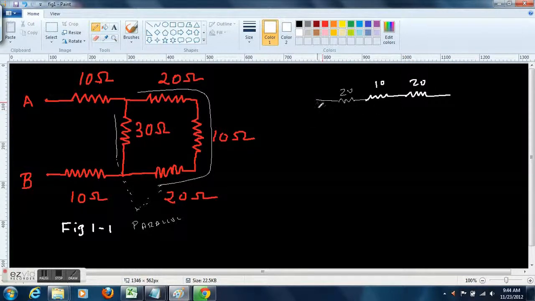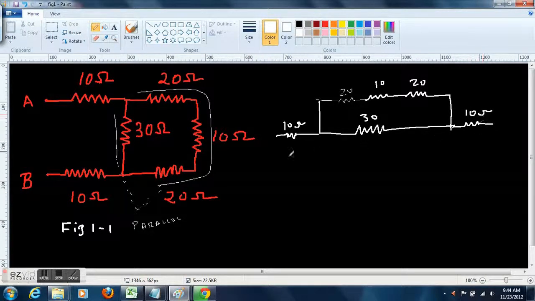Then the 30 ohm resistance below. So this thing is in parallel, and then I have a 10 ohm resistance on the left side of it, and another 10 ohm resistance on the right side, which is towards the point B. So this is the whole circuit. Now I think it looks very simple.